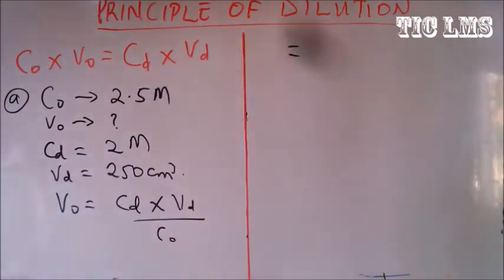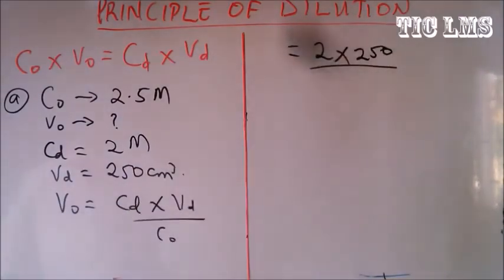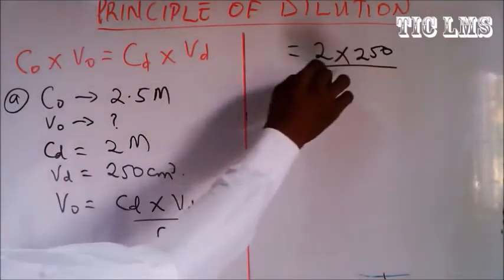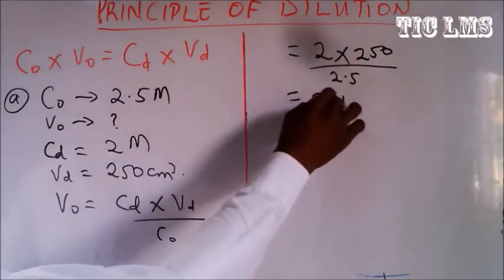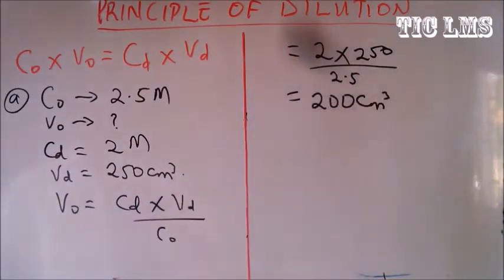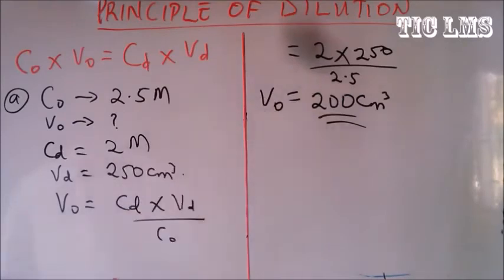So the diluted concentration, which is 2, multiplied by the diluted volume, which is 250, over the original concentration, which is 2.5. And when we multiply this out, it produces 200 cm cubed. So this is the original volume of potassium hydroxide before it was diluted.